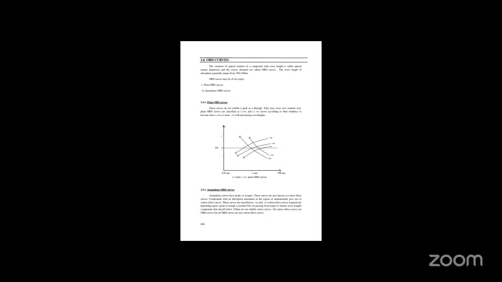These curves are also known as Cotton effect curves. Compounds with an absorption maximum in the region of measurement give rise to the Cotton effect curves. These curves are classified as plus and minus Cotton effect curves, respectively, depending upon whether the peak or trough is reached first on passing from longer to shorter wavelength.